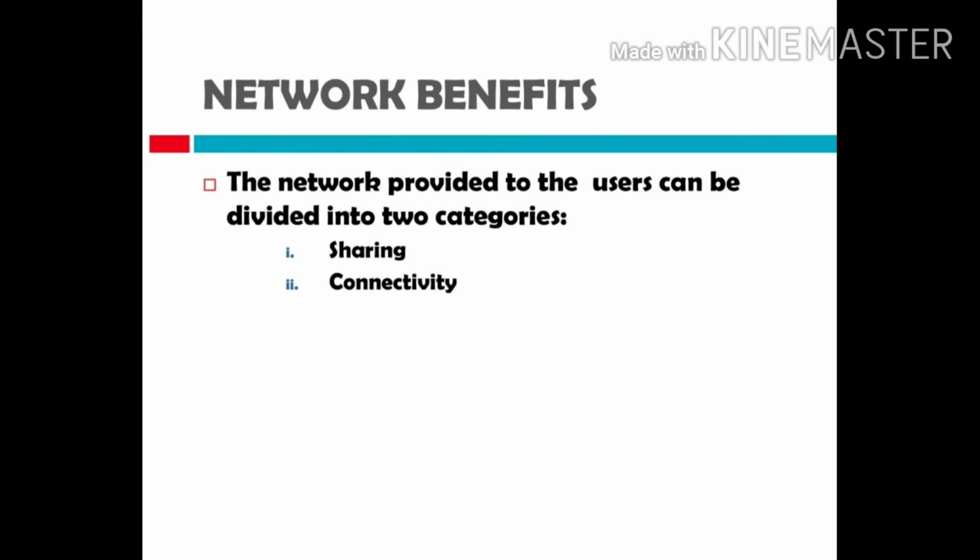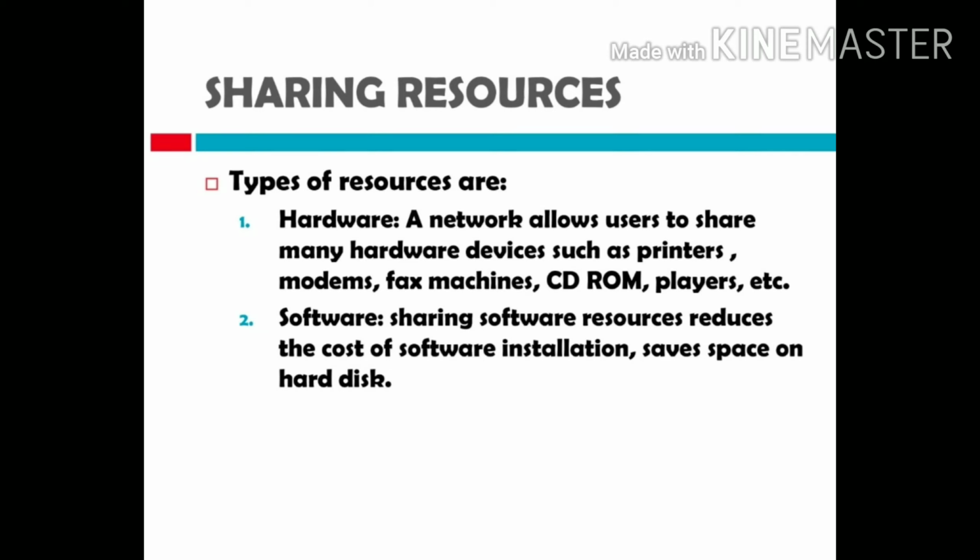Sharing, as we know, is when we want to share data from one system to another, or share hardware from one system to another. And connectivity is when we are interconnected with each other, when we create interlinking between the systems, that is an example of connectivity.